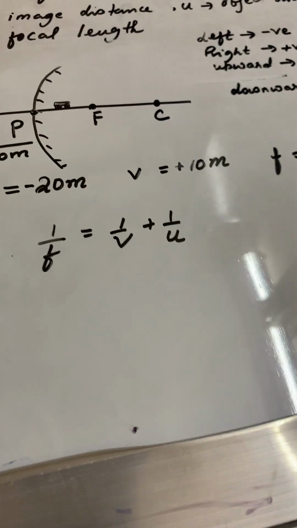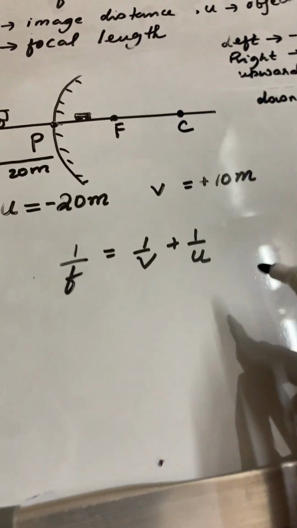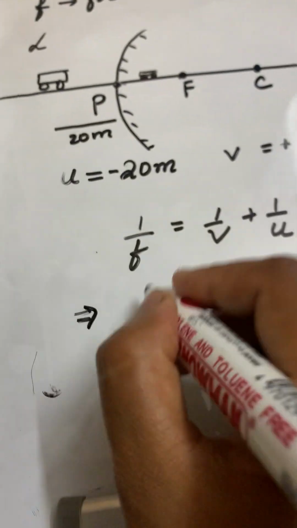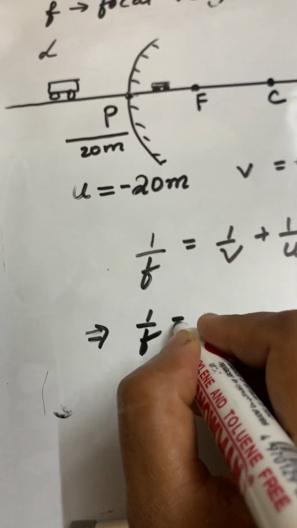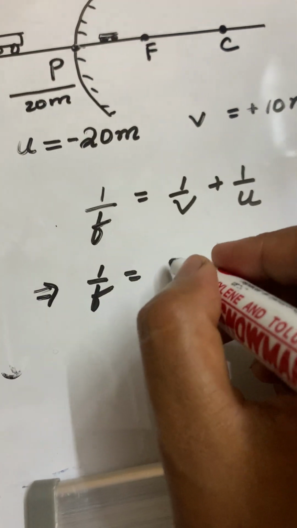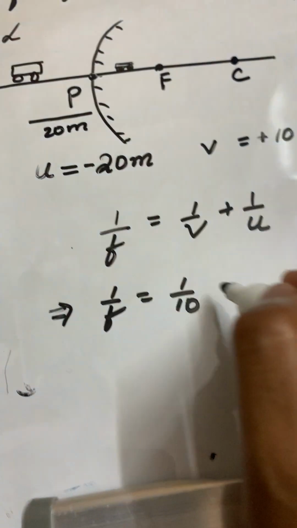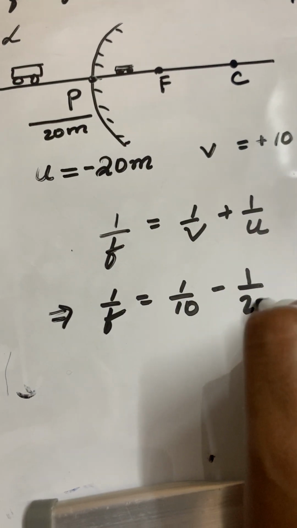Fine. Now can I solve it? Yes, I can quickly solve it. Let's say 1 by F is equal to, the rest is now mathematics only. So 1 by 10 plus, with the minus sign, 1 by 20.